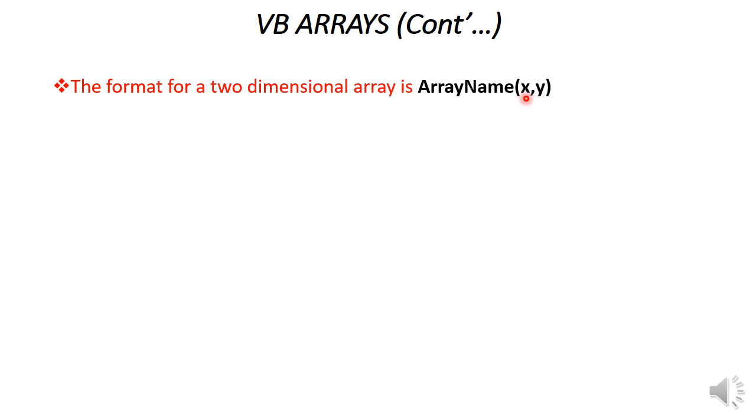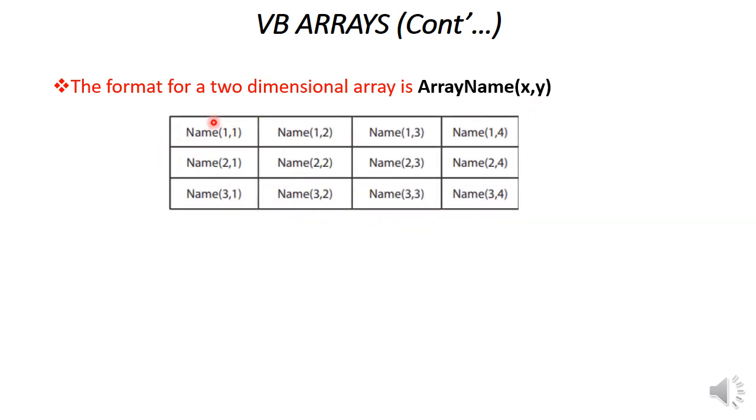But as I have told you, X does not mean the total number of rows of this two-dimensional array, and also Y does not mean the total number of columns as it is in C++. So you see that our array will store X times Y elements. Here we have started by index 1,1, but also we can start by index 0,0. It depends upon how you have declared your array. We will discuss this later.